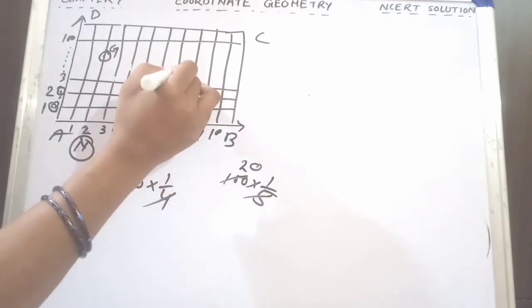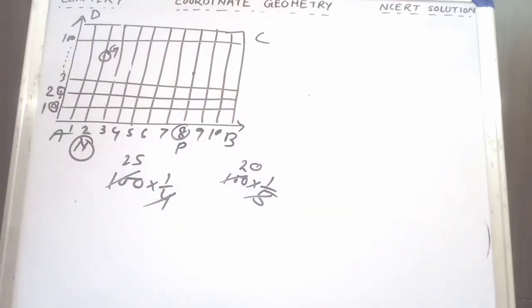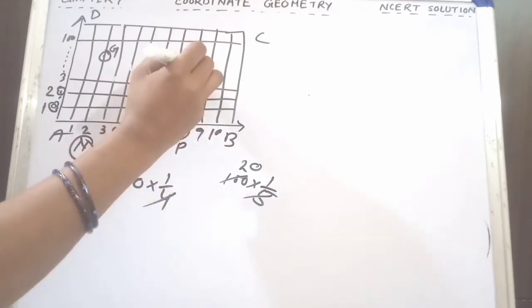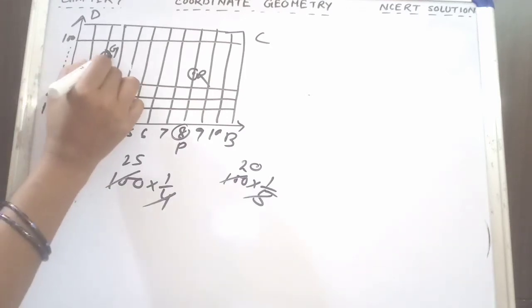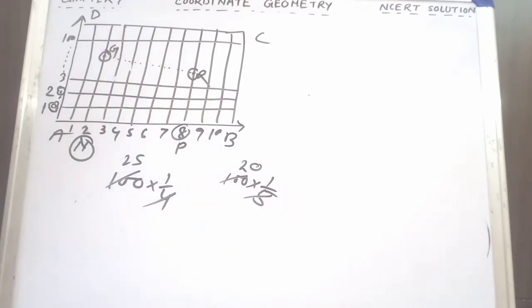Suppose here the point is, here the distance 20, and post a red flag. So what is the distance between both the flags? You have to find this distance. So now I am just doing the main calculation.